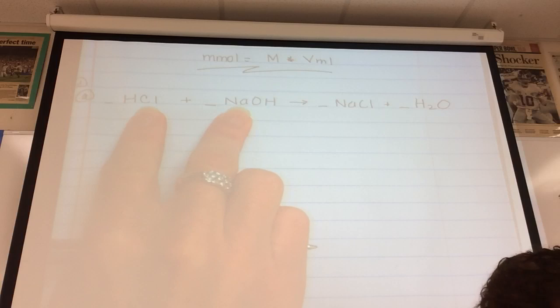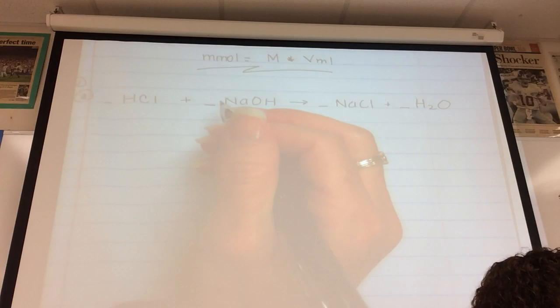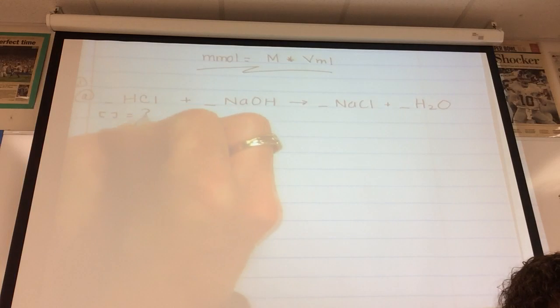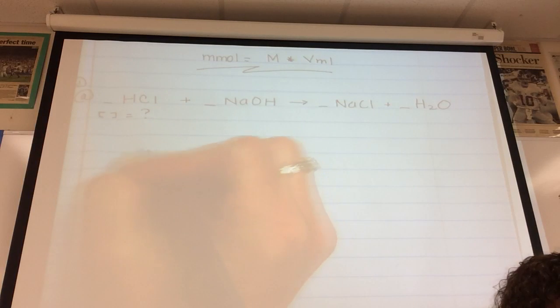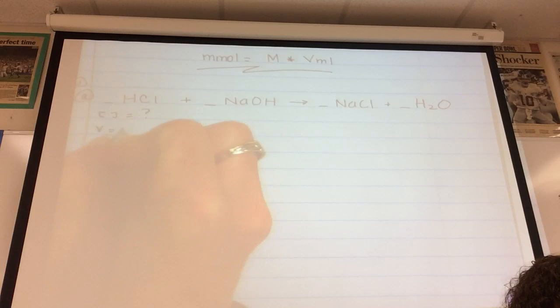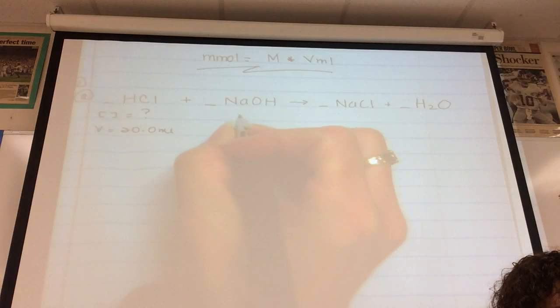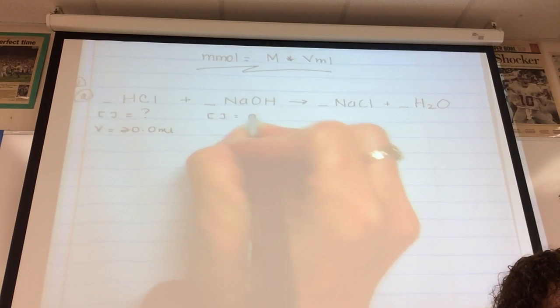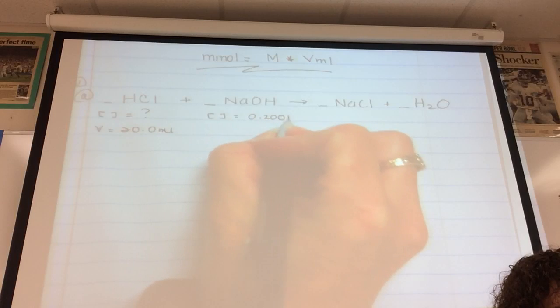What I also like to do is write down the information. I want to figure out the concentration of the acid. That's the goal. I know the volume of the acid is 20 mils. The concentration of sodium hydroxide is 0.2 molar.